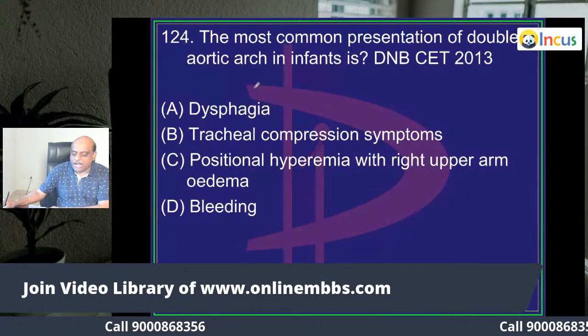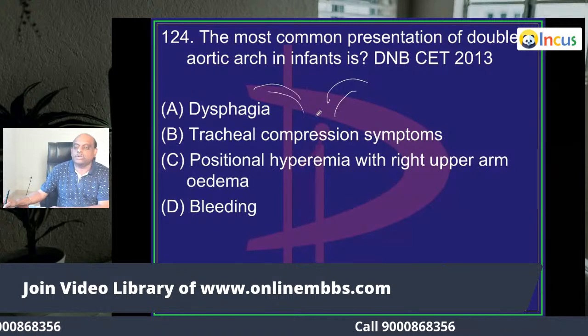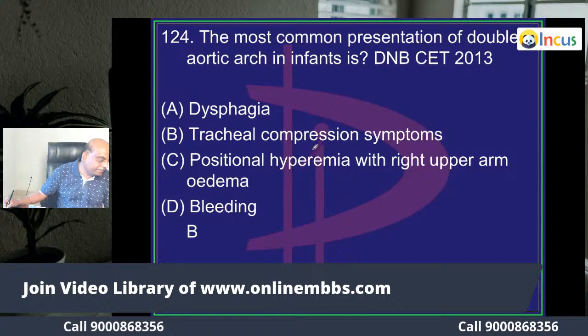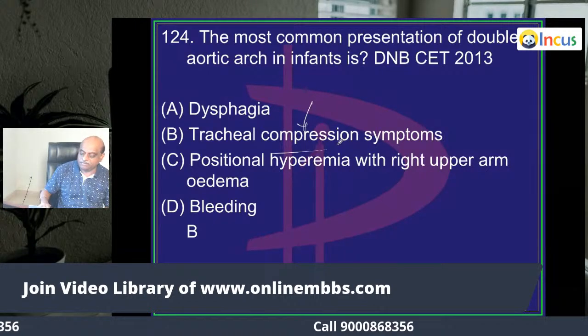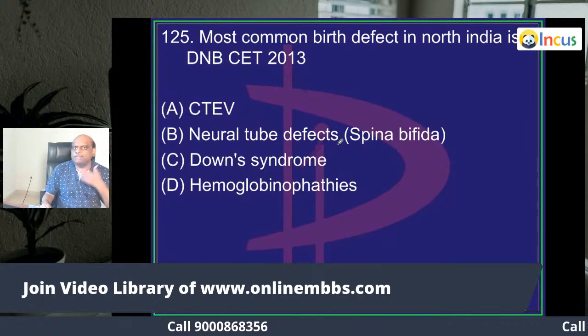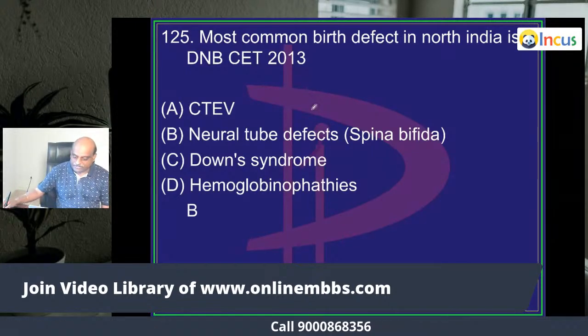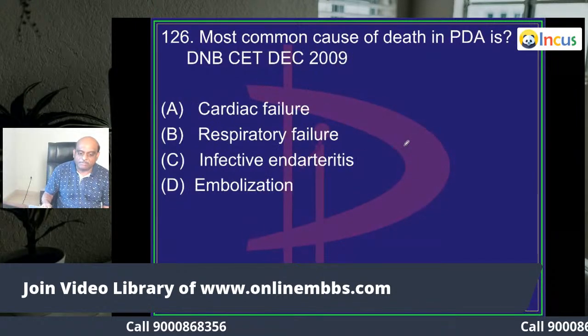Double aortic arch in infants can lead to compression of the trachea. Typically, it leads to tracheal compression symptoms. The most common birth defect in North India, neural tube defects, like spina bifida.